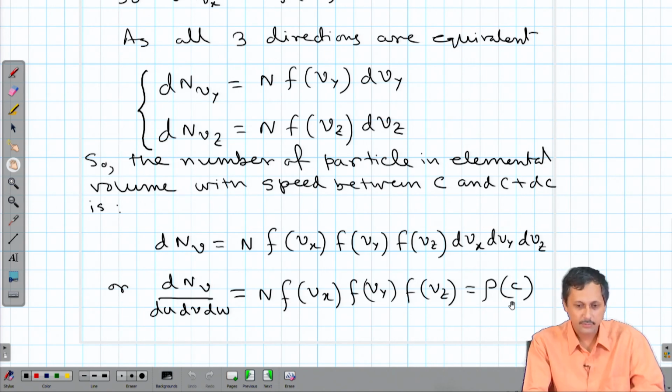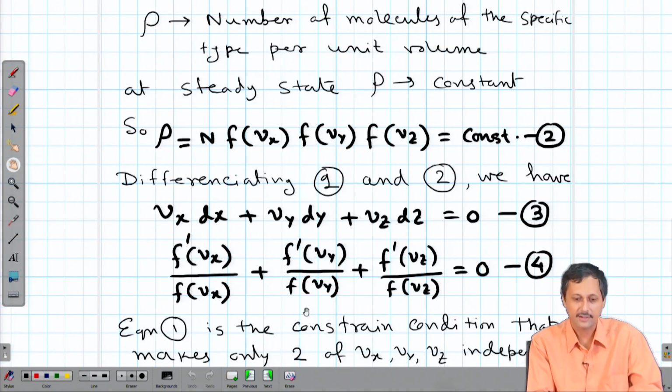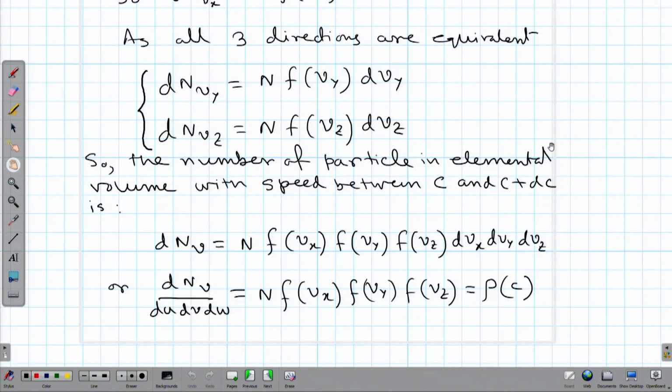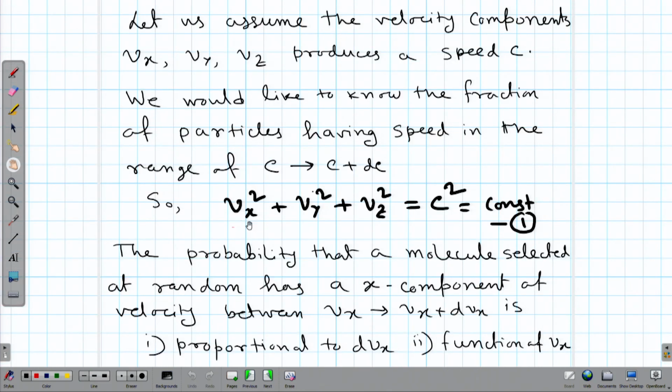So, immediately we get a second equation that says rho is equal to n times f(Vx) f(Vy) f(Vz), which is equal to a constant. So, we have two equations. One is this constraint equation, which tells us that only two of Vx, Vy and Vz can be chosen independently, because they are related by one constraint equation.